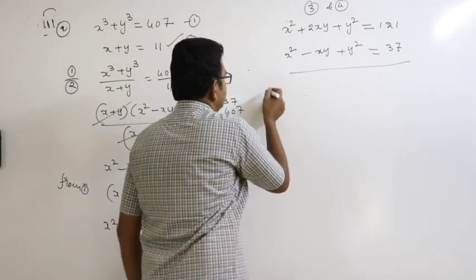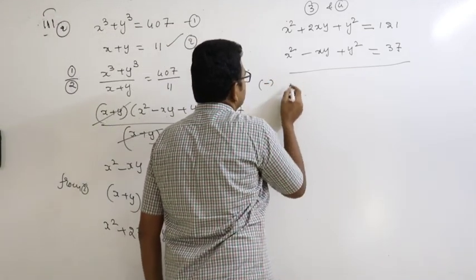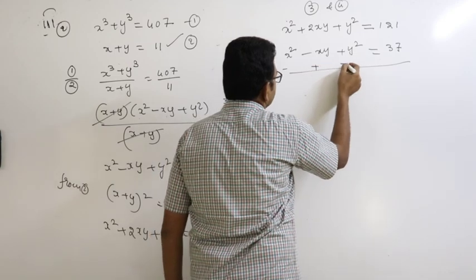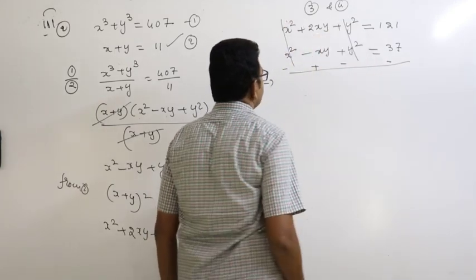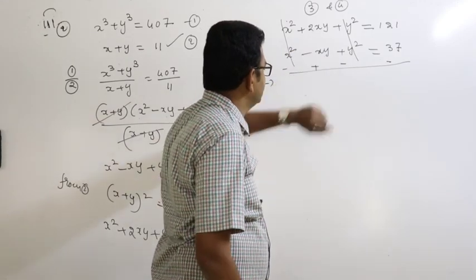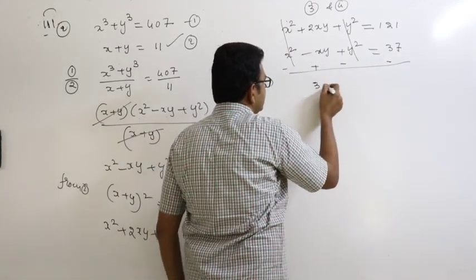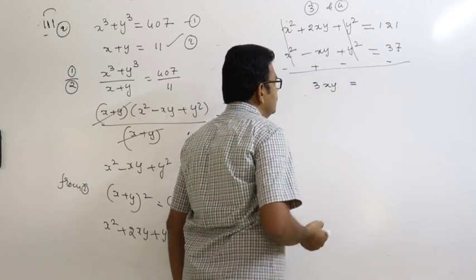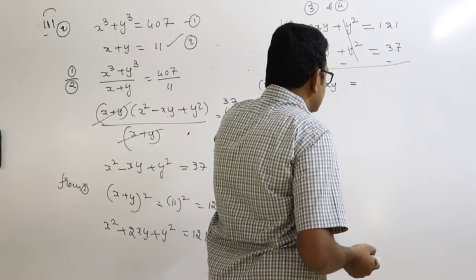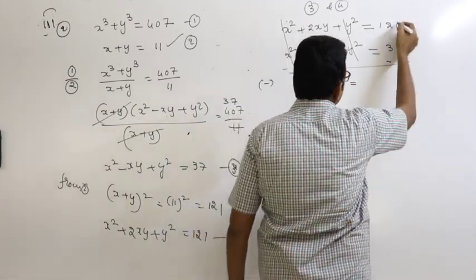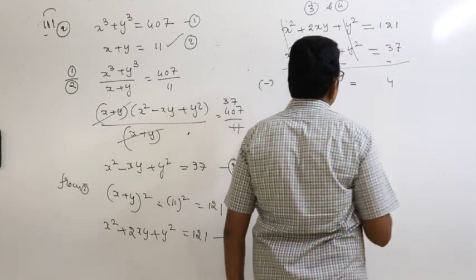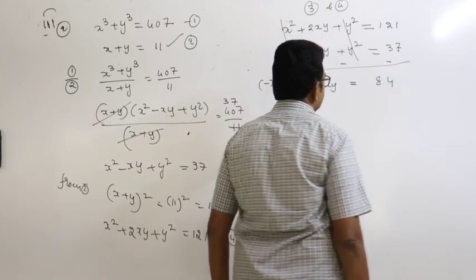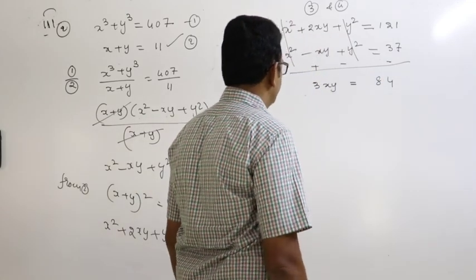So by subtracting these two, this is minus, this is plus, so these two cancel and these two cancel. 2xy plus xy, this is 3xy is equal to 121 minus 37. So this is 84.